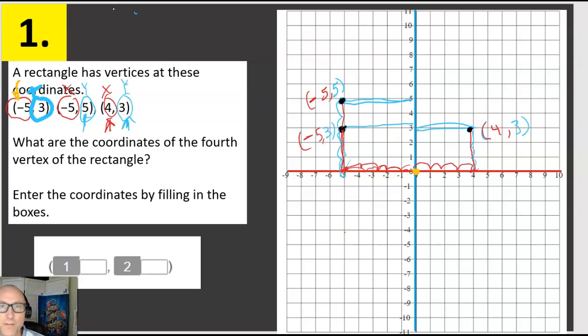So now that we've done that, where is going to be the 4th point? Let's connect these dots so far. If we were to make a rectangle, where would the 4th point go? Can we put it over here? No, here? No, here? No, no. We're getting closer. There it is. Look at that.